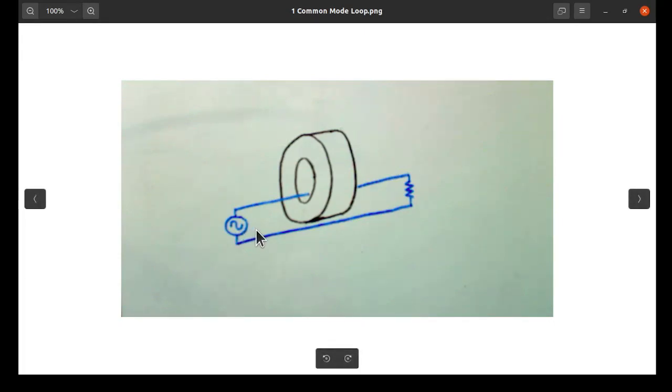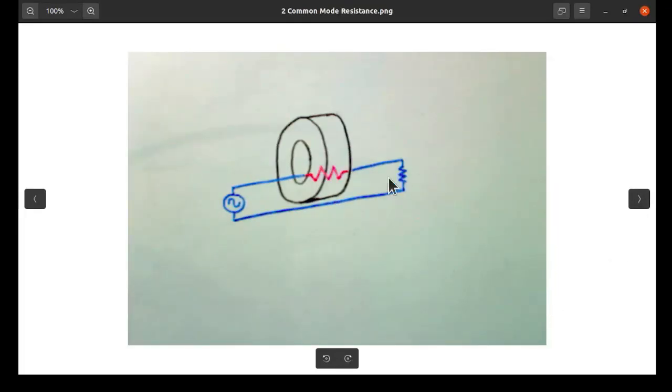And well, okay, that's the configuration. What does this bring me? Well, it brings me this resistance here. In other words, we now have a voltage divider between this resistor and this resistor, which was formerly the load. And this resistance appears by virtue of the ferrite material's magnetic properties.